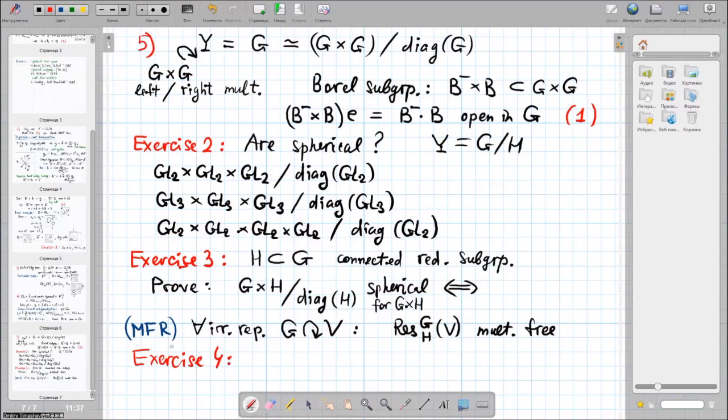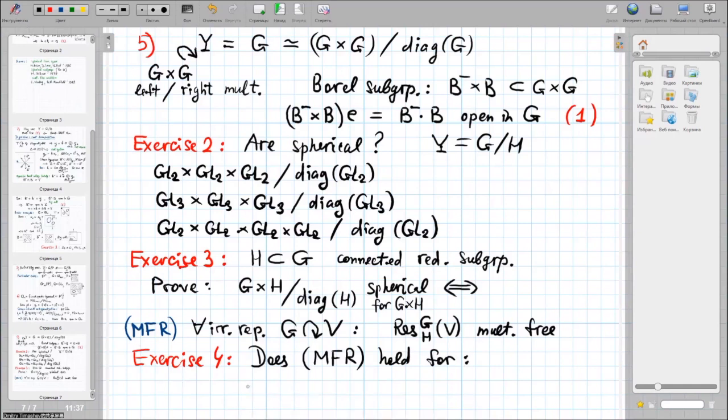Does this multiplicity-free restriction property hold for the following pairs of a group and a subgroup? The group is GL_N, and the subgroup is GL_{N-1}.